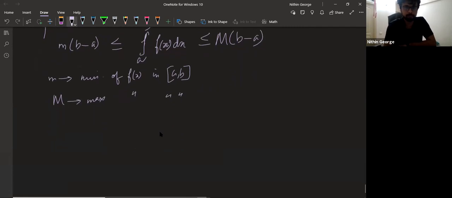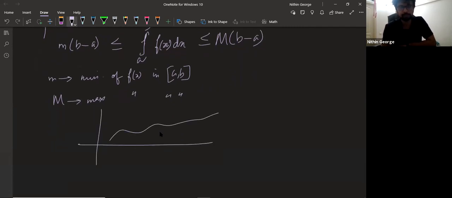What is being preached over here is that you have some function like this, and you're going from A to B. B minus A is this length. Let's keep that aside. Small m is the minimum in this range, A to B, and capital M is the maximum.